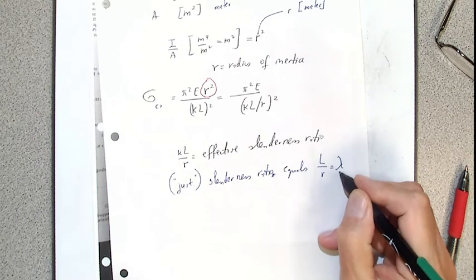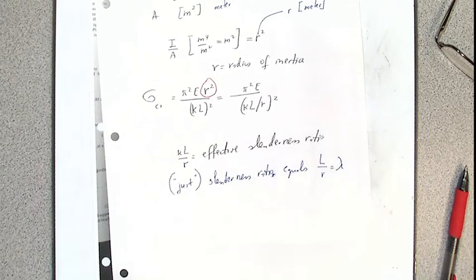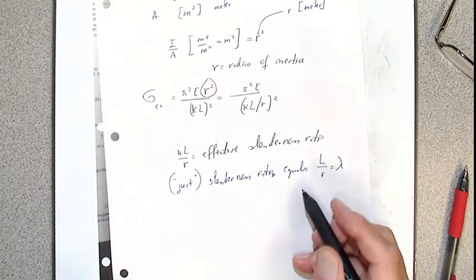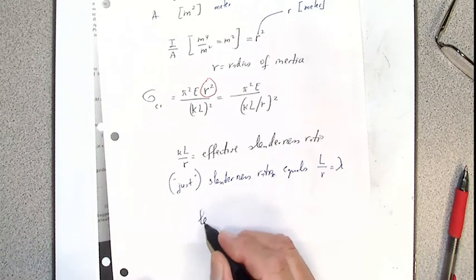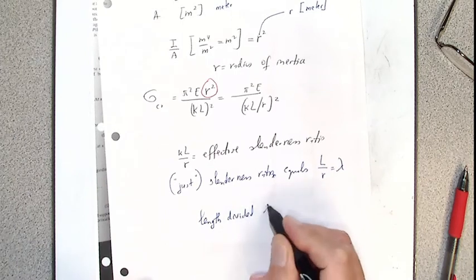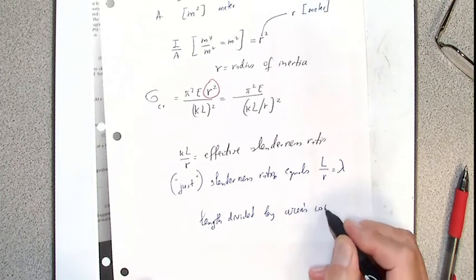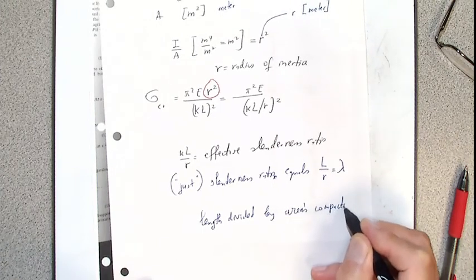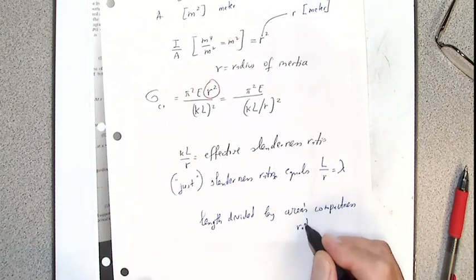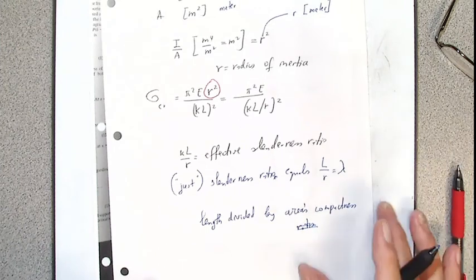But we will not be using this notation because the book does not use it, and I don't want to introduce additional letters because there is also effective slenderness ratio, etc. So that means length divided by radius of inertia, some compactness ratio.